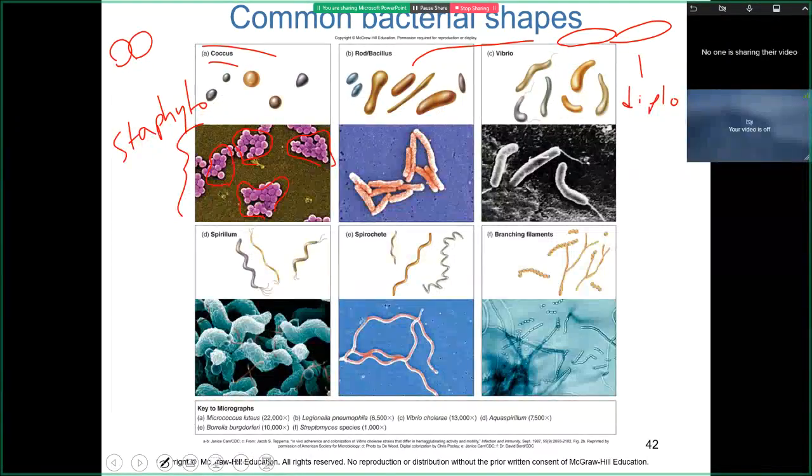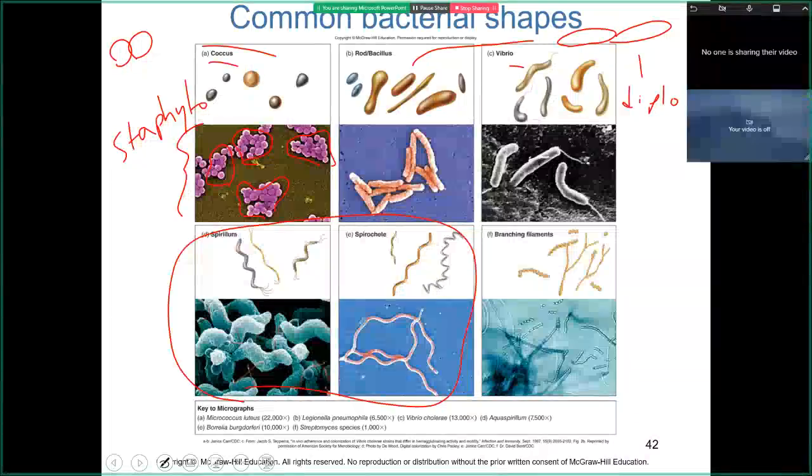But yeah, here's some vibrios, which, as I said, typically are described also. They're rods, but more specifically, they're comma-shaped or sort of bent. Here are some corkscrew-shaped bacteria, spirochetes and spirilla.